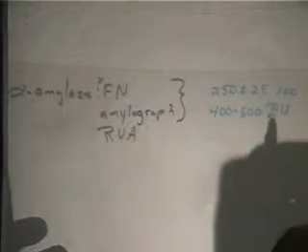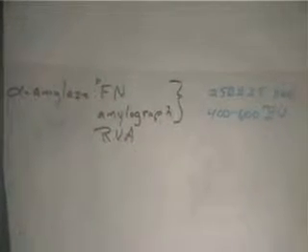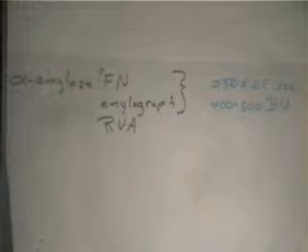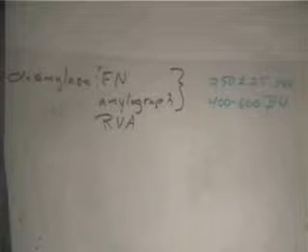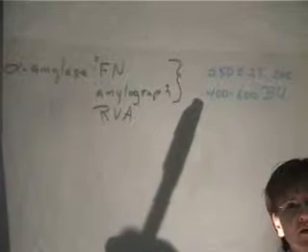So if I have too much alpha amylase, how am I going to recognize that from this data? If you have too much, it's less than 400. If I have too much alpha amylase, that means the system is very thin, so it would either fall faster or be less viscous. Smaller number is too much alpha amylase.